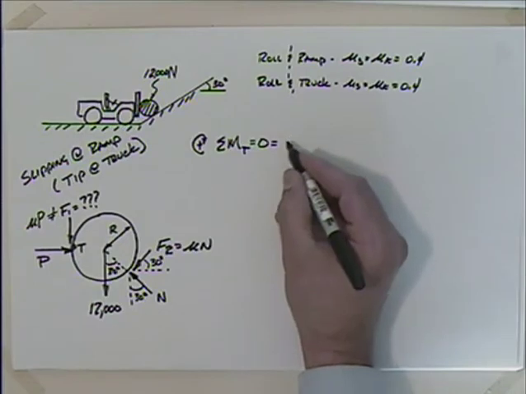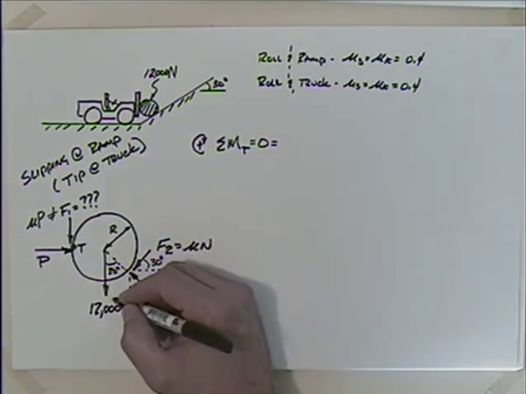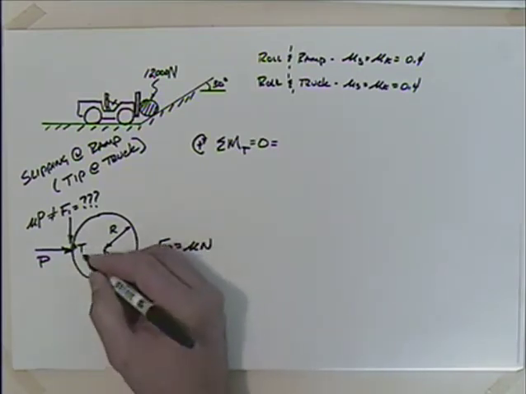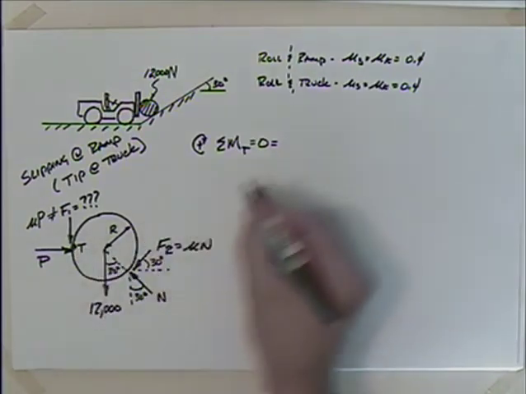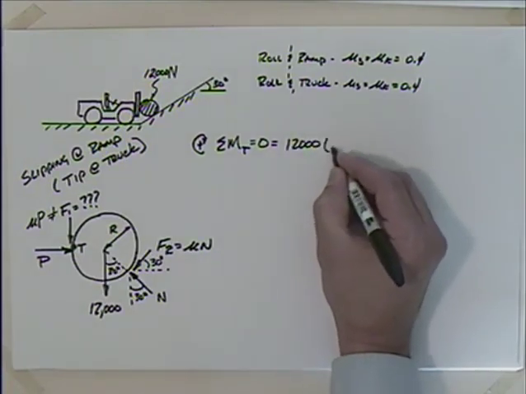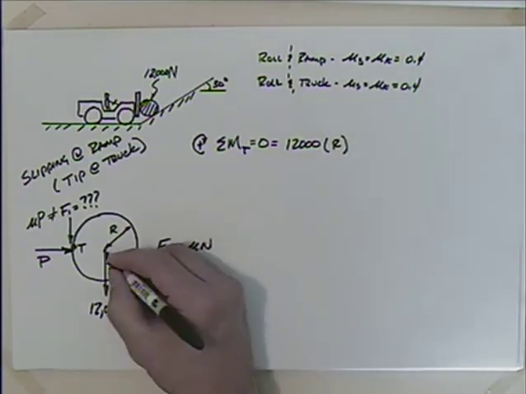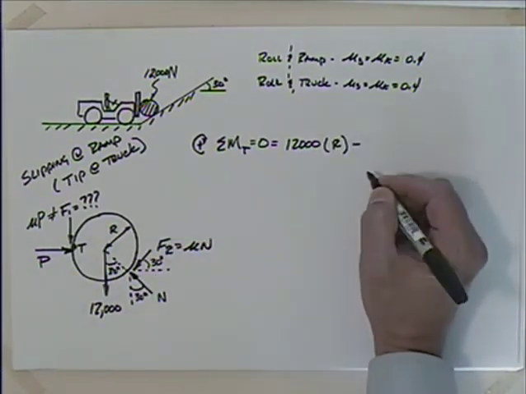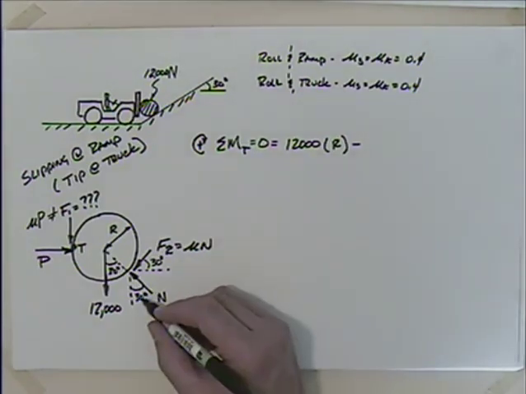And what do we have? We're going to have 12,000 times, I'm summing it about this point here, right, at the truck, so that would be 12,000 times R, this force acting through that distance. Then minus, this one's going to be a little more work because I've got to break these things up.